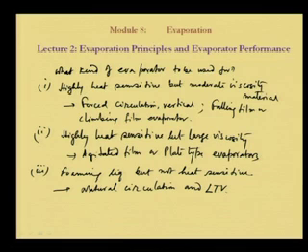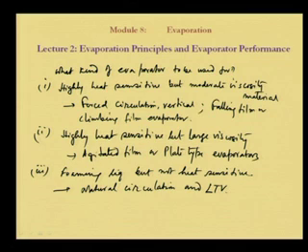Maybe in the next lecture, we will be discussing the calculation of the evaporators. Here I will ask you questions based on my first two lectures. What kind of evaporator should I use for case 1, highly heat sensitive material but moderate viscosity?